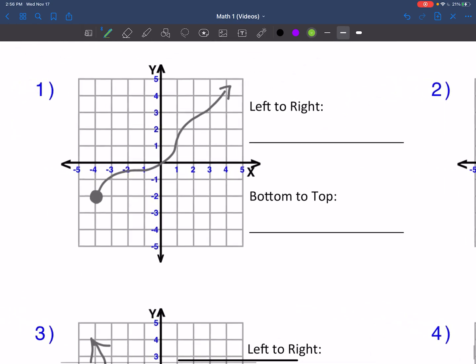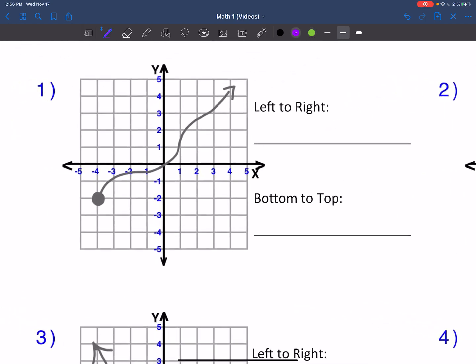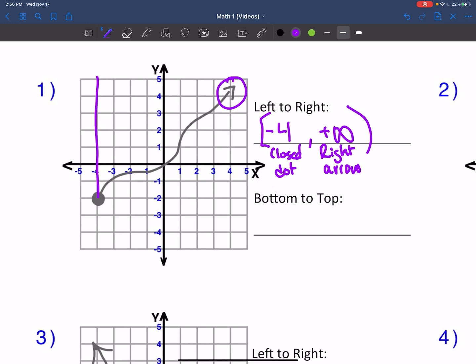So let's look at number 1. So the leftmost side of my graph is a -4. And that -4 has a closed dot, so I'm going to use a closed bracket. So we have an arrow on the right, and if it's an arrow on the right, that means it's a right arrow. So that means it's a positive infinity, okay?